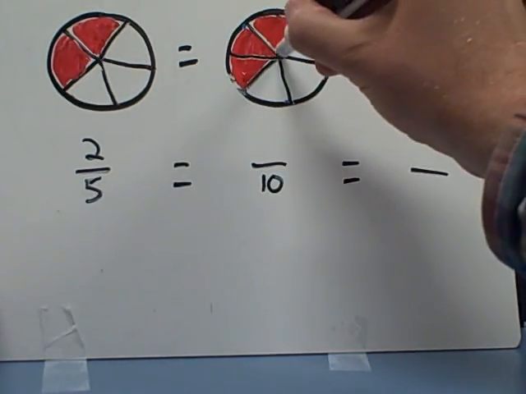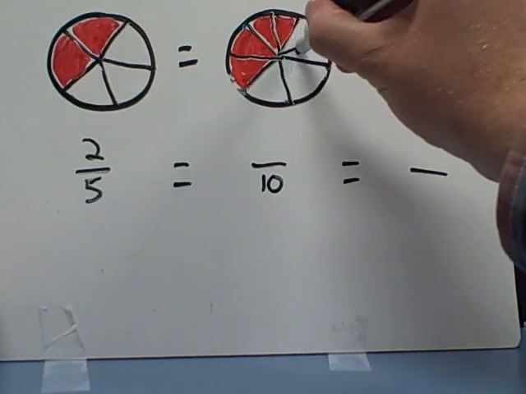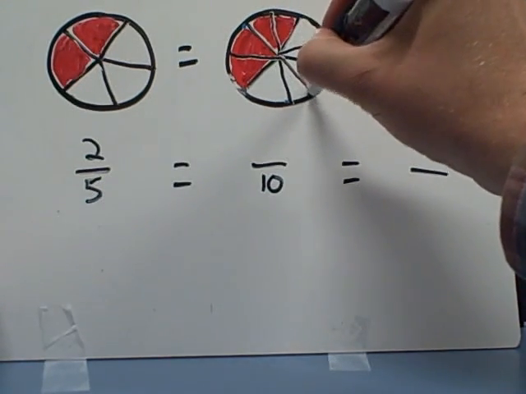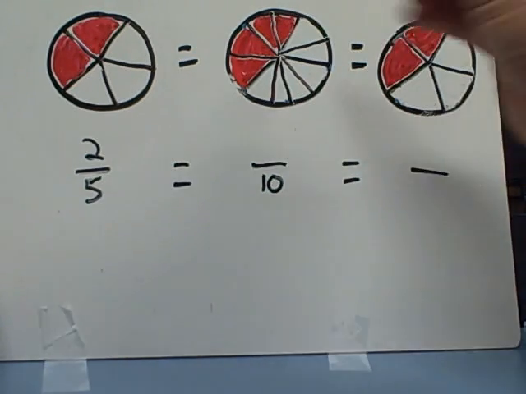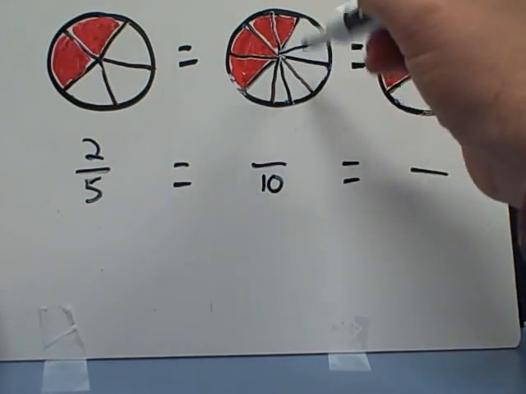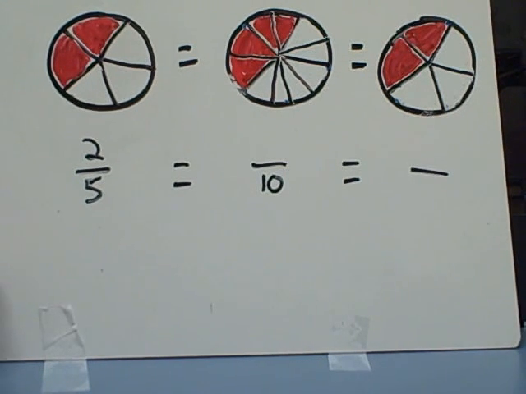Let's see if I can do this here. I can try. Did I get it? 1, 2, 3, 4, 5, 6, 7, 8, 9, 10. Yep, I got tenths.